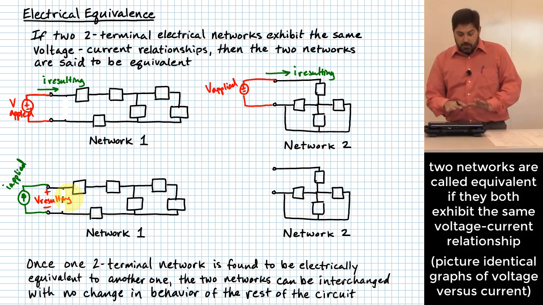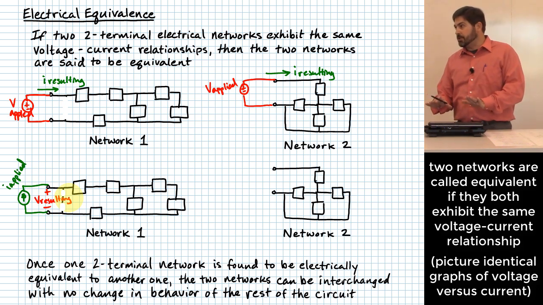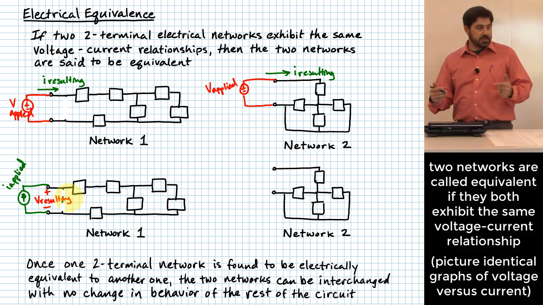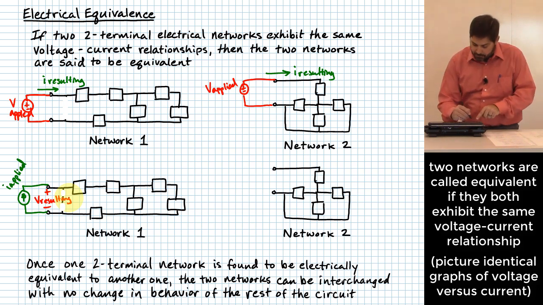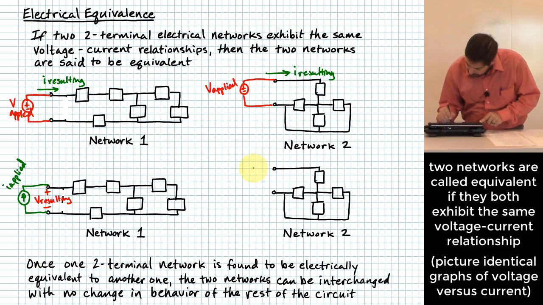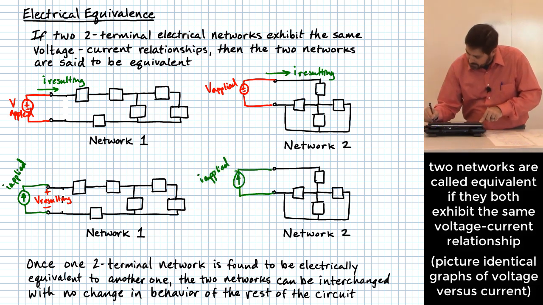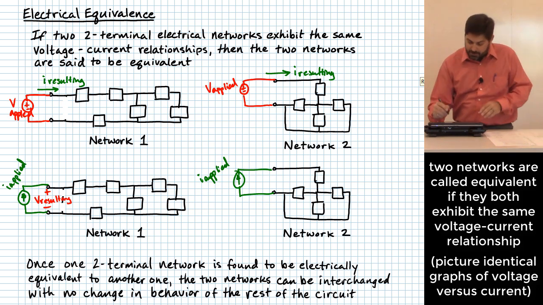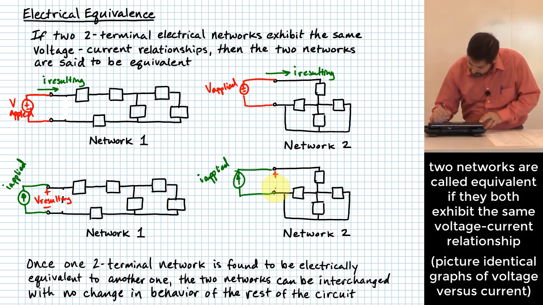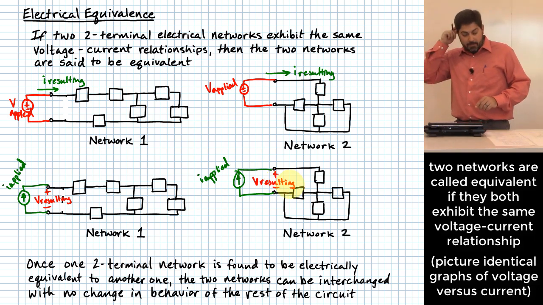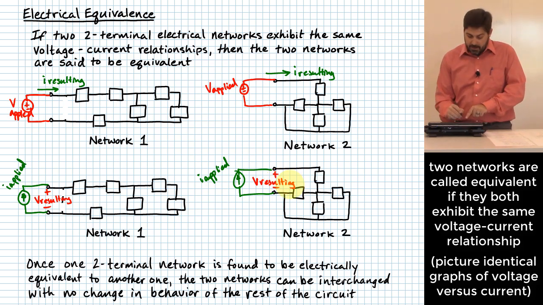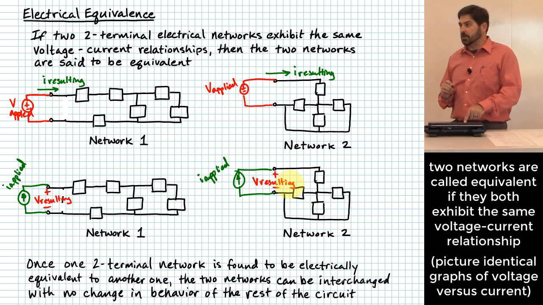These two networks are electrically equivalent to each other if we meet the same requirement. I put that same I applied over here on this network, and as a result of that applied current, we see the same voltage at these two terminals. If this happens, then network 1 is equivalent to network 2.